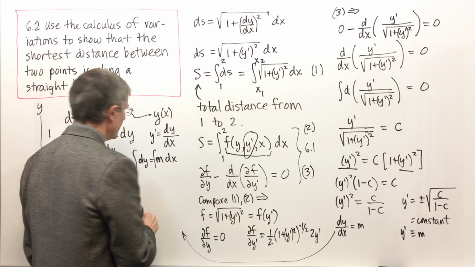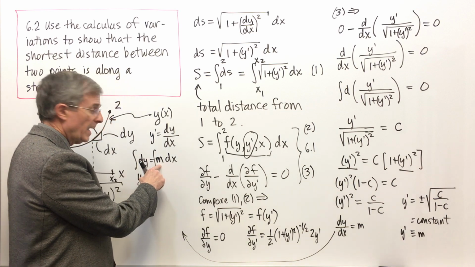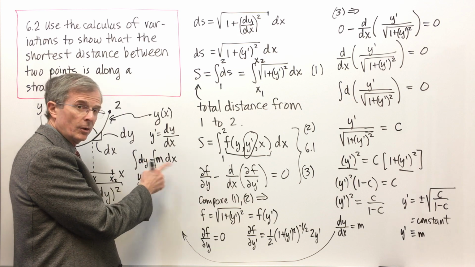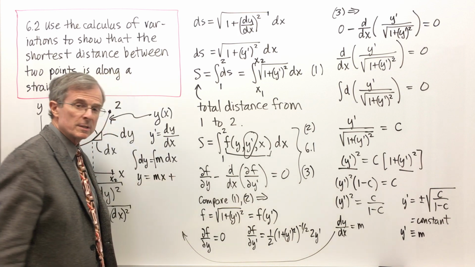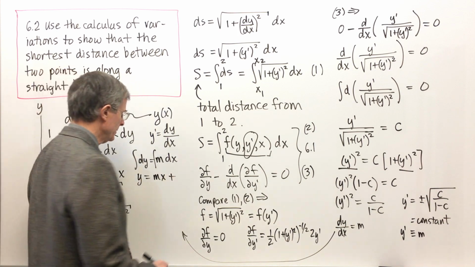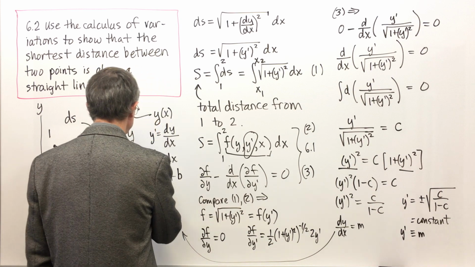Integrate. Integral of dy is y. Integral of m is a constant. Take that out of the integral. Integral of dx is x. Plus another constant of integration. Let me just arbitrarily call it b.